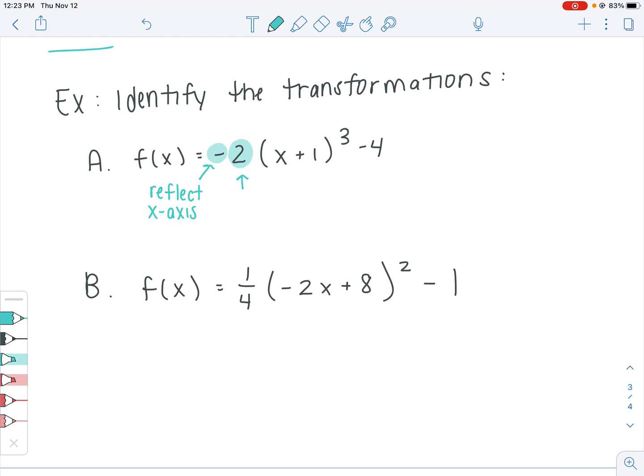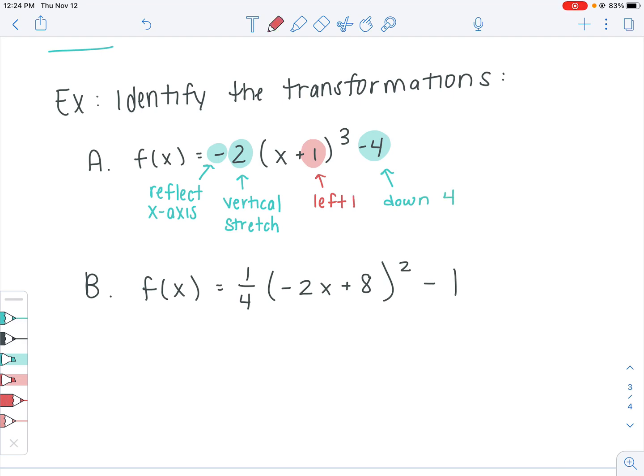So that tells me it's a vertical stretch. And I know it's a stretch because it's a whole number. If it was a fraction, it would be a shrink. The next thing I have to look at is my plus 1 inside the parentheses, which is my left or right. Since it's positive, it's going to go left 1. And then the last thing I have to look at is my minus 4 all the way at the end, which tells me down 4.